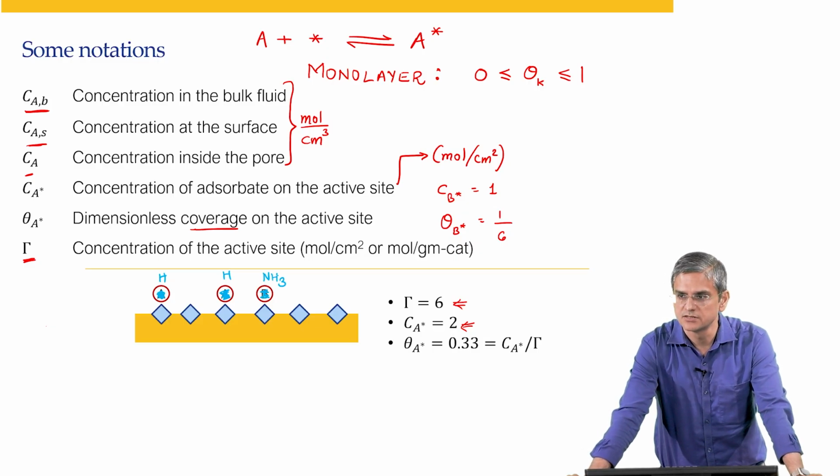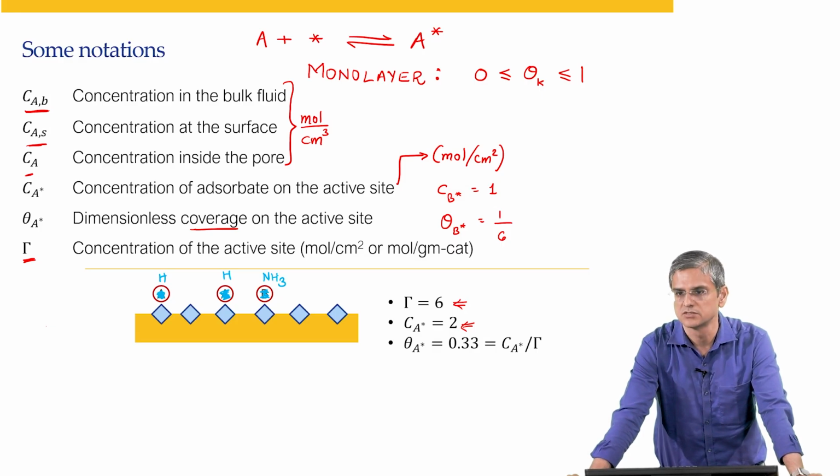What is theta star? Value of theta star: 1 by 2, 3 by 6. What is the value of theta H star? 2 by 6 or 1 by 3? What is the value of theta NH3 star? 1 by 6.